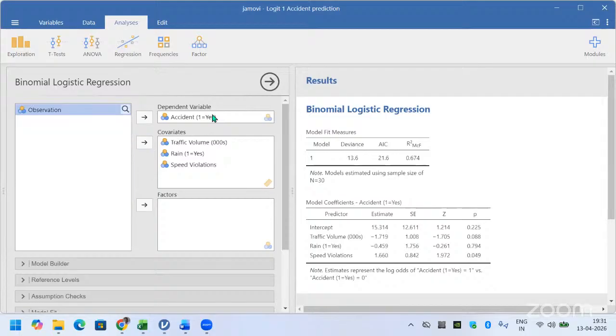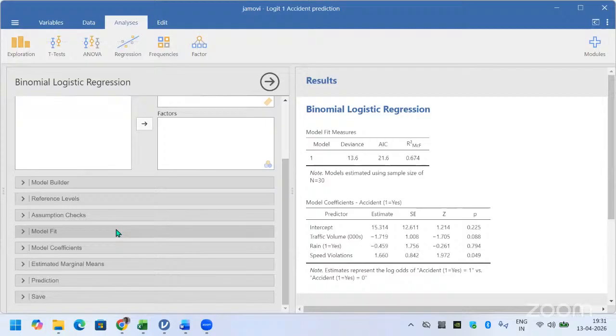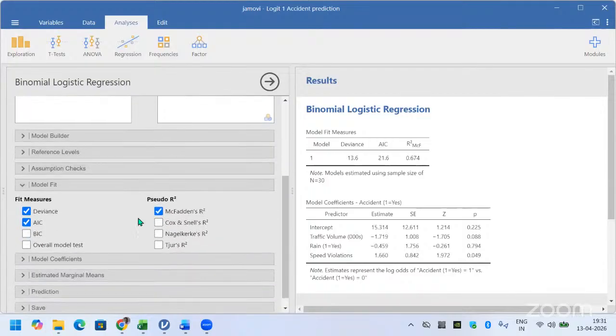If you see, the model has some values here. In the model fit measures, the reference level is taken as 0, and for model fit there is something called McFadden's R square. If McFadden's R square is 0.6, that is usually considered a very good fit. This is one thing we need to observe.